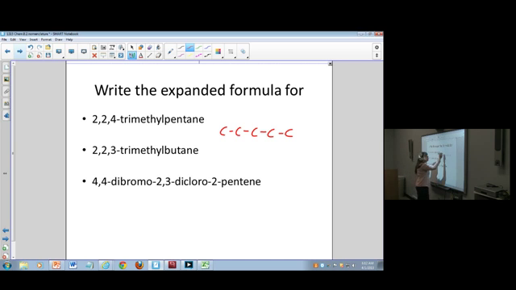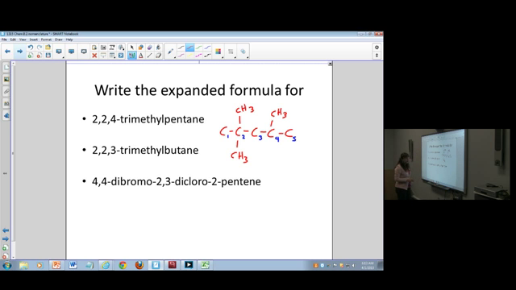So be sure you number your carbons and know which one is which. On carbon 2, I'm told that I have a methyl and another methyl, all right? And then on carbon 4, I have a methyl group.